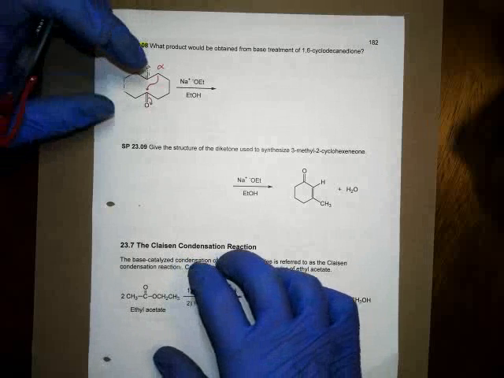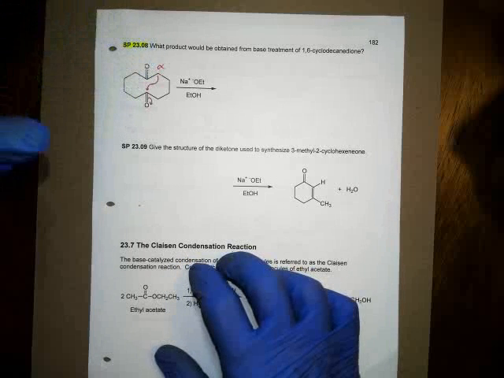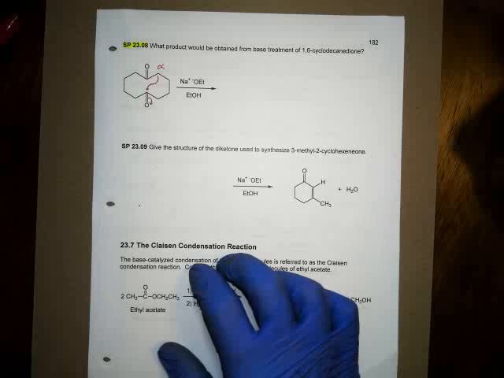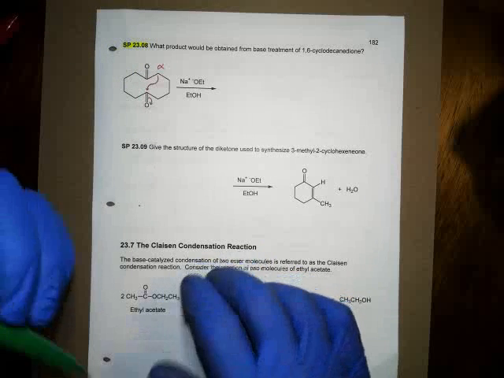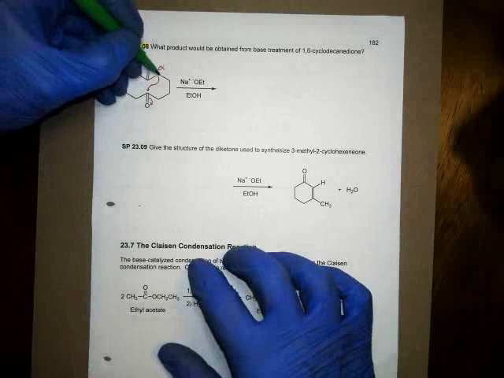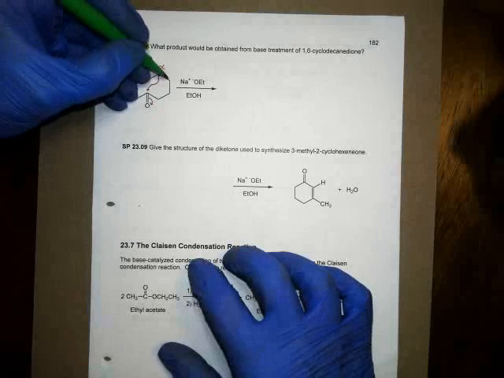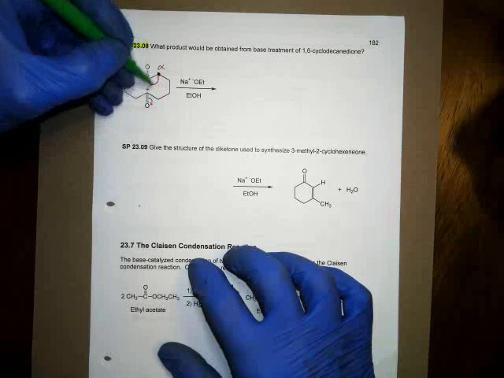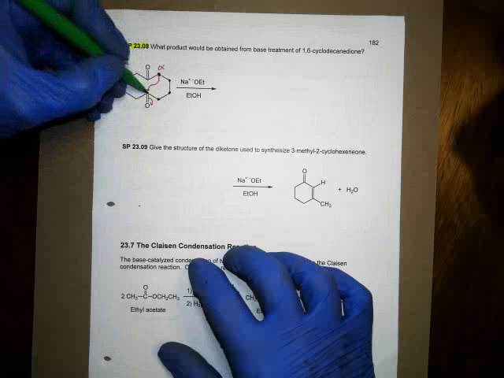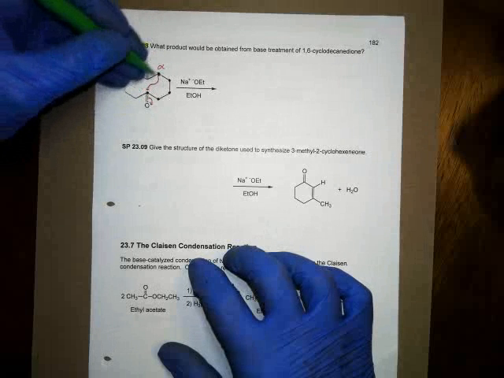So we're going to close this up, and we're going to end up having 2 rings that are fused. Well, let's think about the size of the rings, okay? Now I'm going to put a green dot here, and I'm going to number all the way around to there, okay? So 1, 2, 3, 4, 5. We're going to have a 5-membered ring on this side.